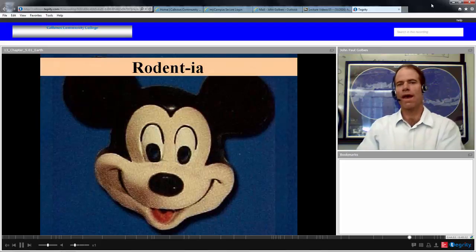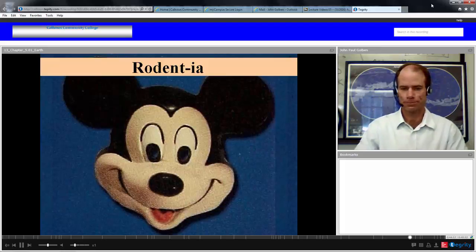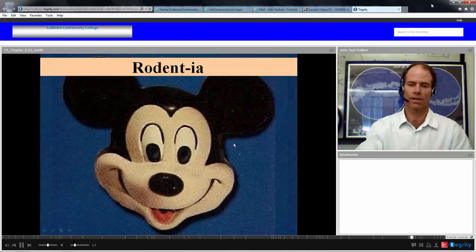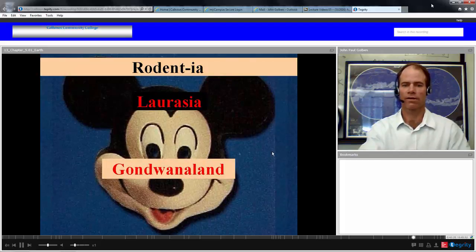Well, in the past, it was believed that there was one supercontinent called Rodinia. No one really knows what Rodinia looked like, so I've taken poetic license here to create my own image of Rodentia, and so I used a rodent for that. And at one time, this Rodentia had an area to the north called Laurasia, and an area to the south called Gondwanaland.